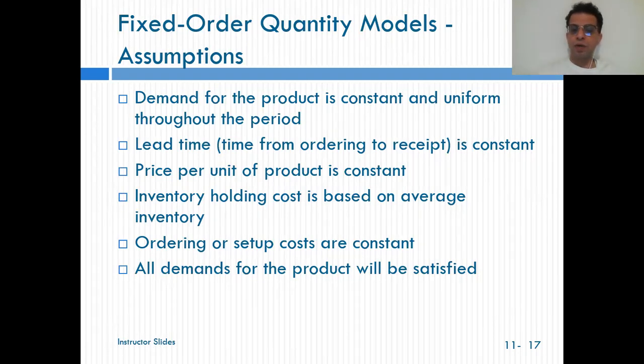The price per unit of the product is assumed constant. Inventory holding cost is based on the average inventory. And the order or setup cost is also assumed constant. It has to be constant in order to go through these calculations. And all demands for the product will be satisfied.